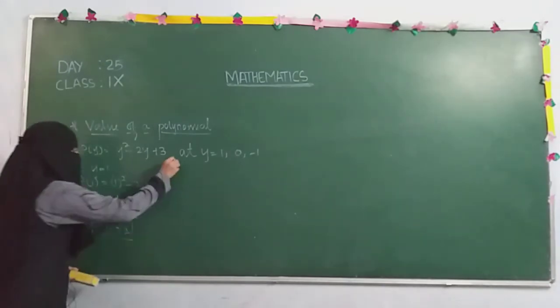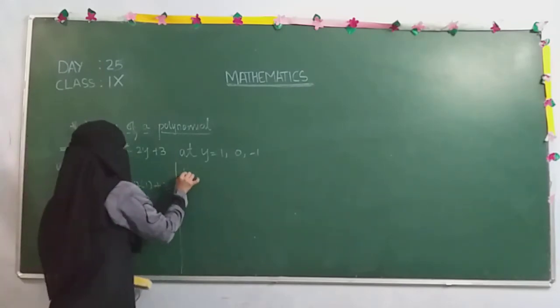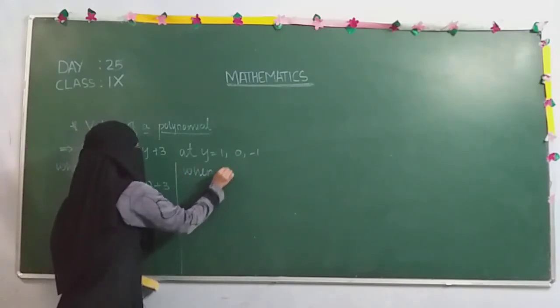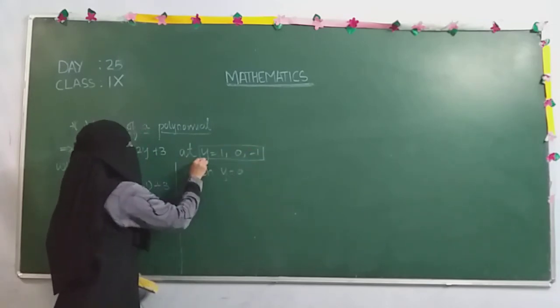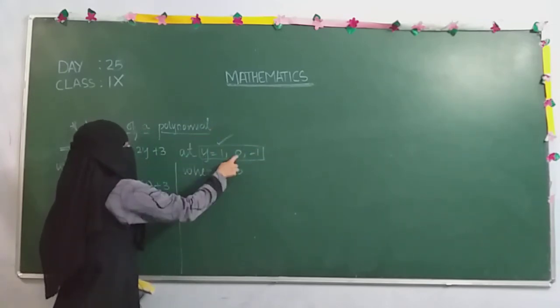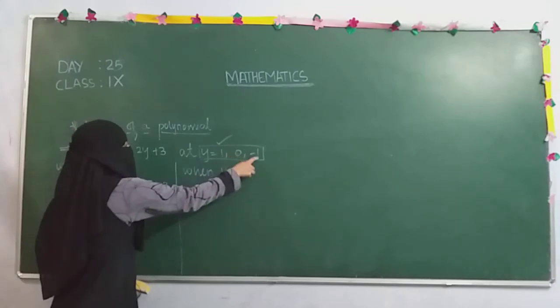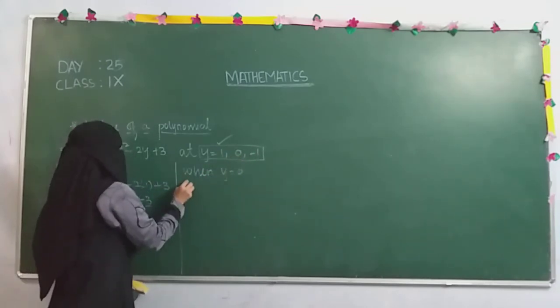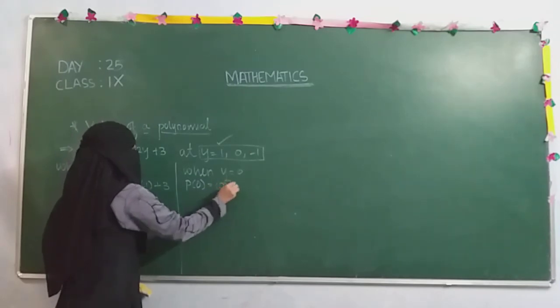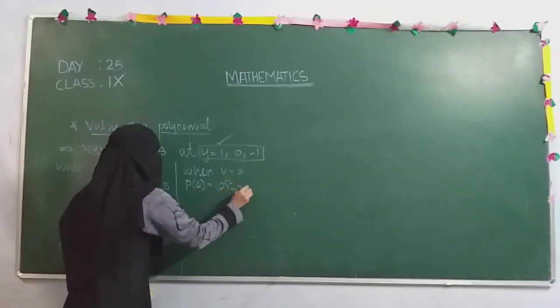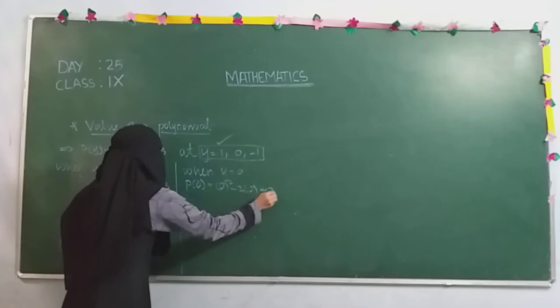Now next we will see when y equals 0, because here it is given 3 different values of y. At 1 we have done, now we have to check for 0 and minus 1. So when y equals 0, P of 0 equals 0 square minus 2 times 0 plus 3.